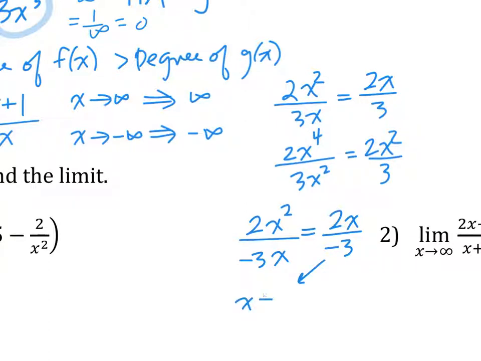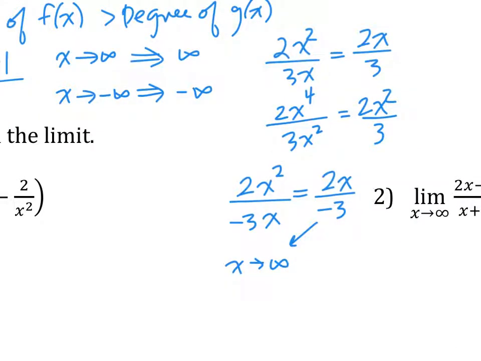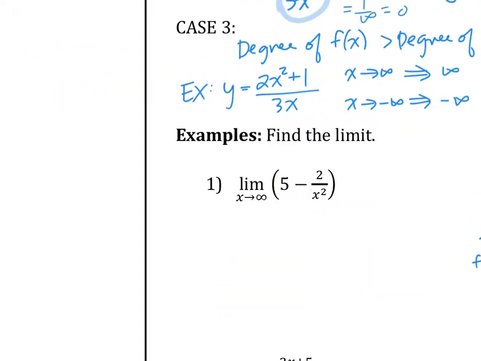So when x is going to infinity, it's negative. So it just switches, because the negative times the positive infinity makes it negative. So f of x is going to negative infinity. And then when x is going to negative infinity, it's going to be positive. Okay, so your normal multiplying rule still applies. All right, let's solve.